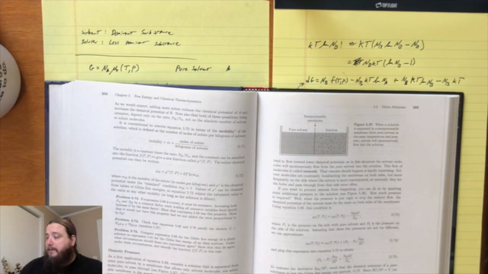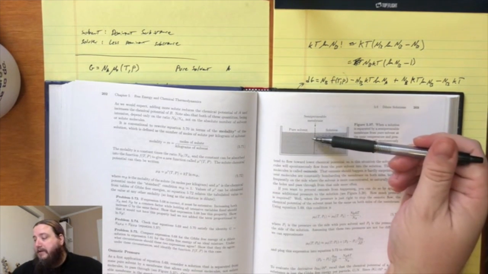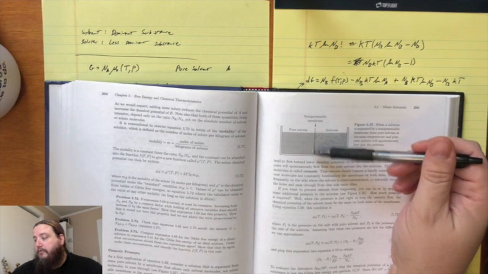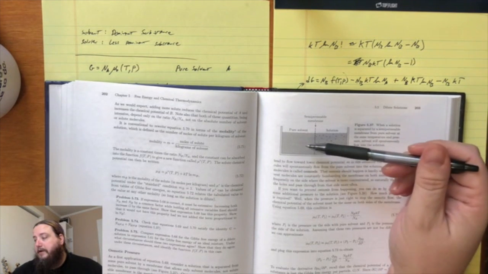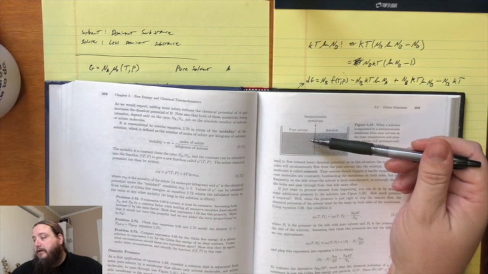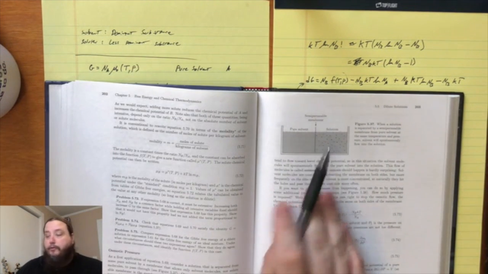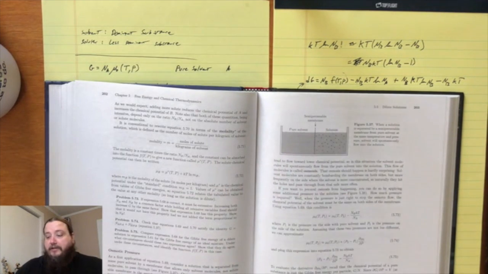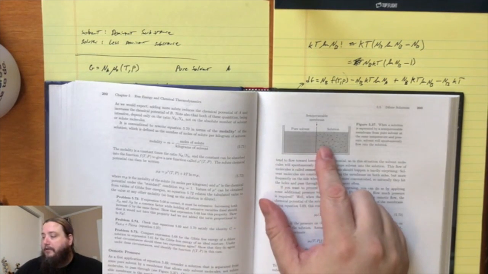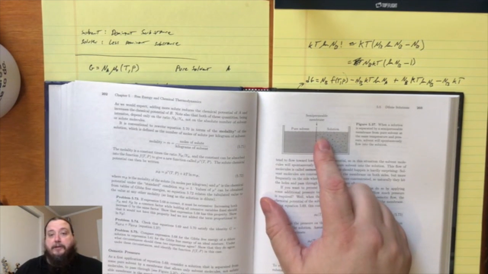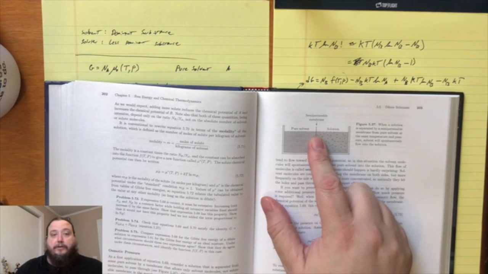Another way that we could think about this is that it makes sense that we're going to have a net drift of solvent molecules across this membrane because the rate at which solvent molecules will fall through the holes from left to right is larger than the rate at which solvent molecules will fall through the holes from right to left, because sometimes it won't be a solvent molecule running into the barrier, but a solute molecule.